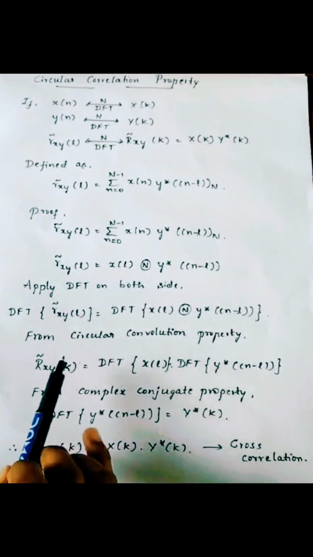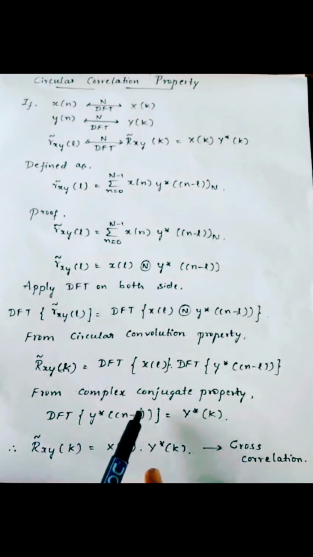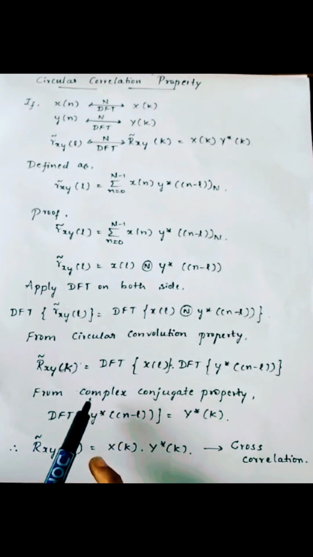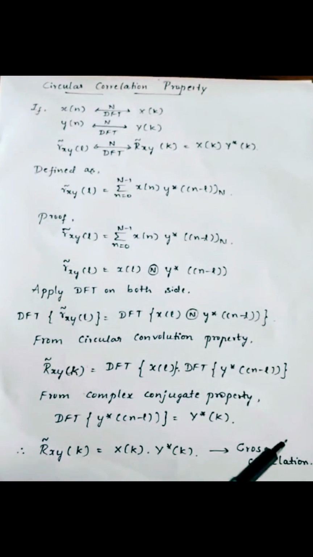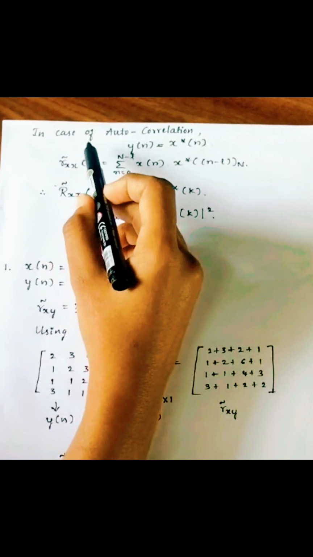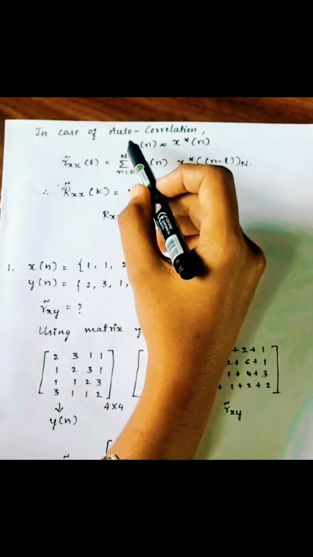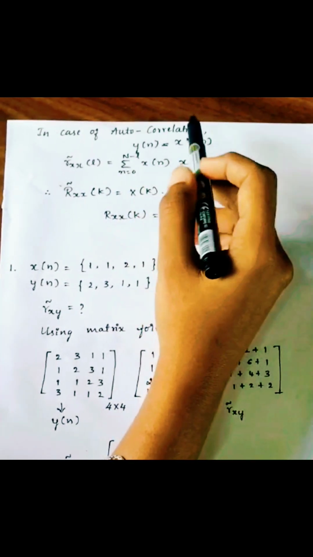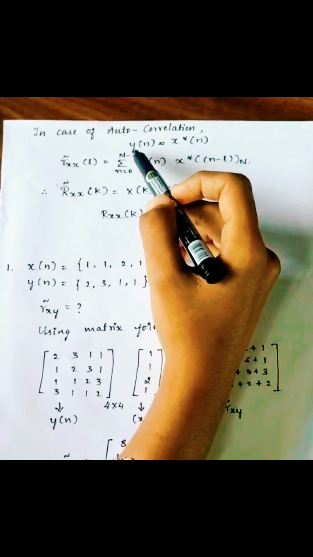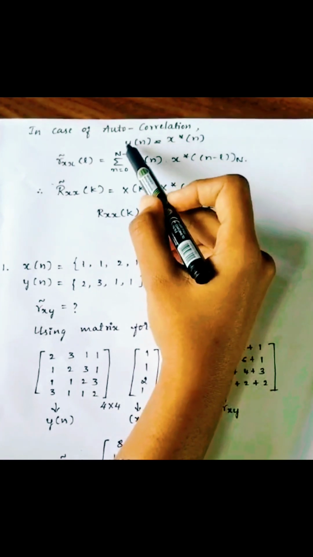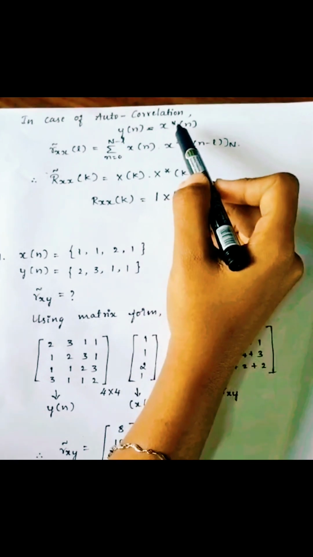There are cross correlation and autocorrelation, and also circular correlation. This is the expression for the cross correlation. In case of autocorrelation, the signal is compared with its own complex conjugate value. Here we can consider the second sequence is nothing but the complex conjugate of the first signal itself.